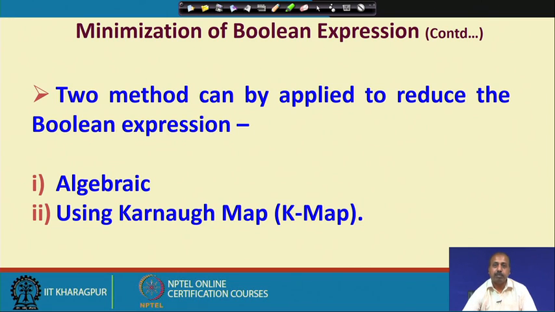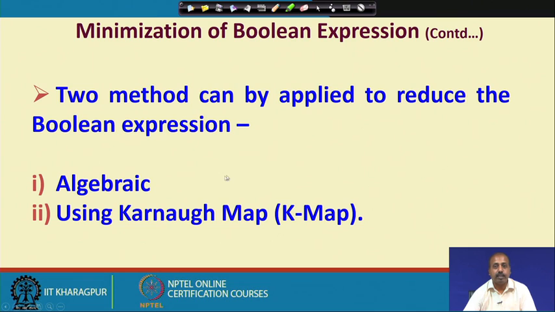This algebraic method, we have already seen some Boolean expression conversion using the algebraic method, which uses the Boolean identities for converting one Boolean expression to another. And this Karnaugh map is another map based method which is much simpler compared to the algebraic method.